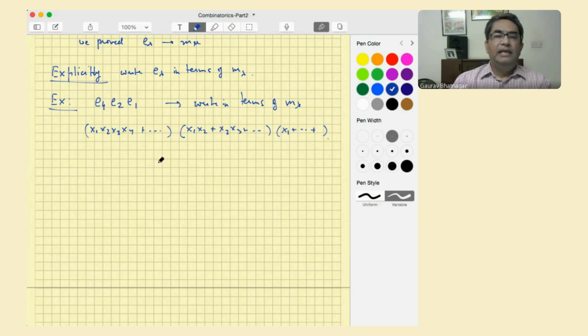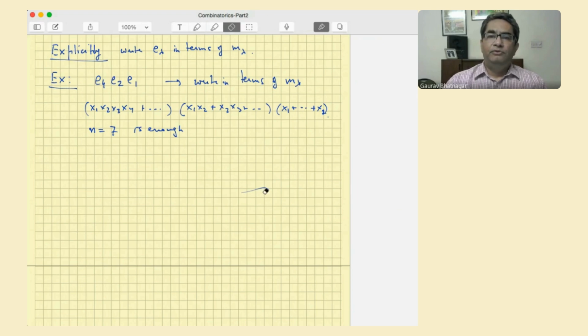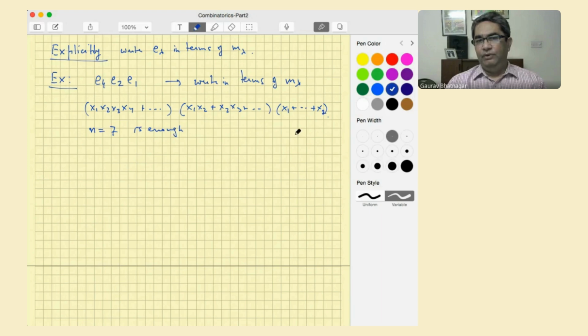First of all, n equal to 7 is enough. If we write in n equal to 7, then we have written everything, because 4 plus 2 plus 1 is 7. So 7 is the minimum n which will cover everything. For n equal to 8 and 9, you can just extend the same formula.